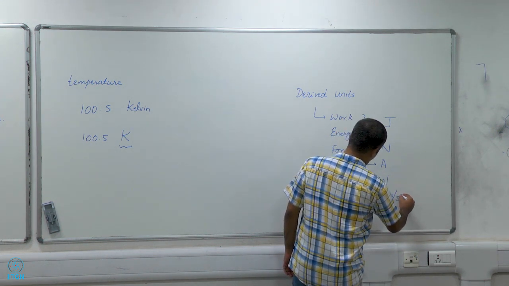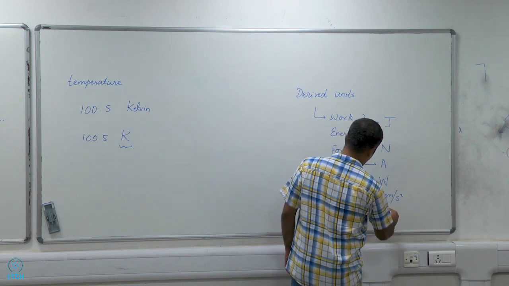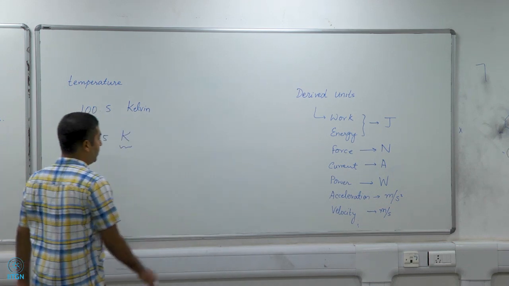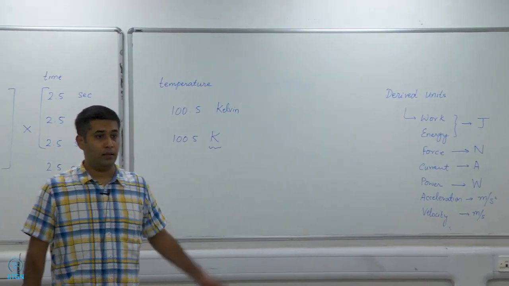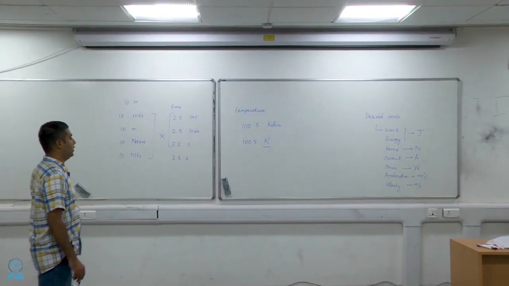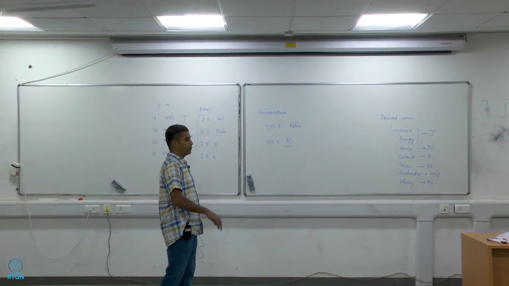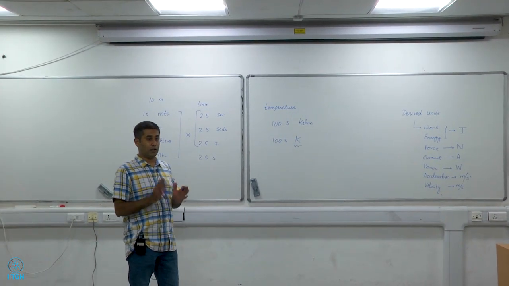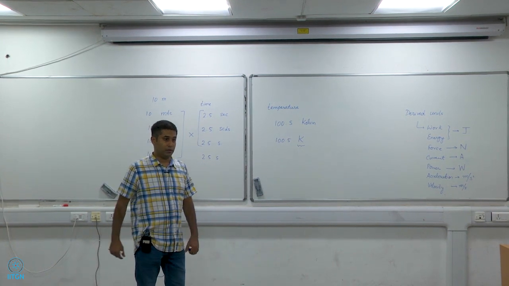Velocity? Meter per second. You notice a trend? Newton, joule, ampere, watt are scientists' names. The idea is that if a unit is named after a person, the first letter of that unit needs to be capitalized.